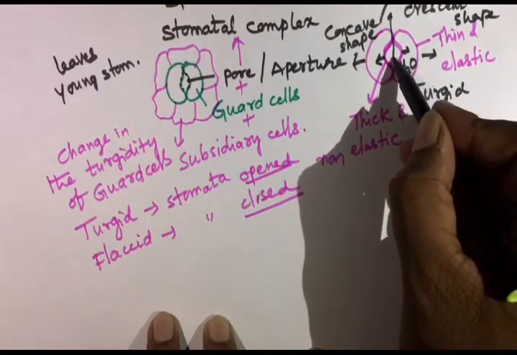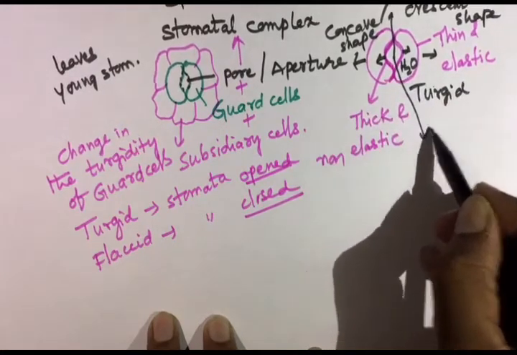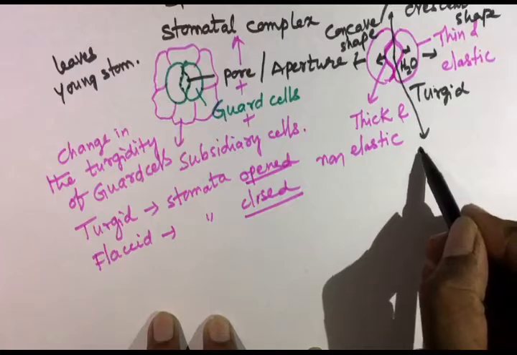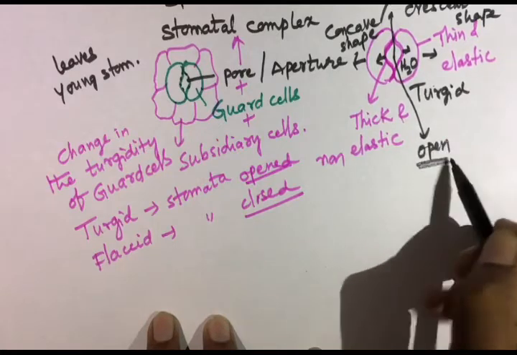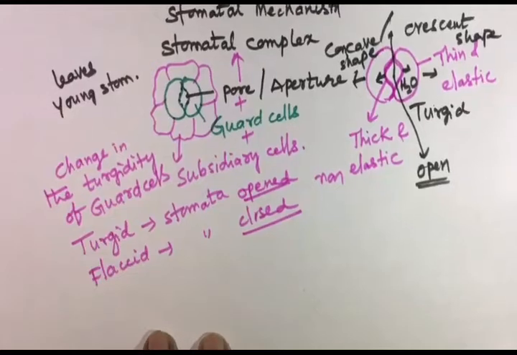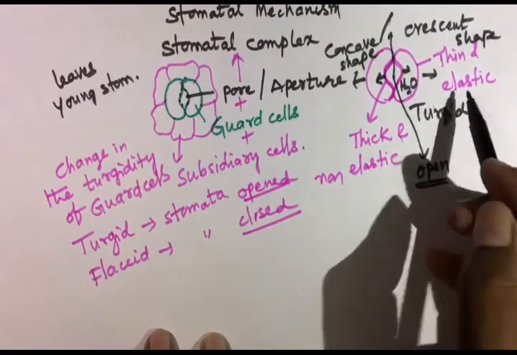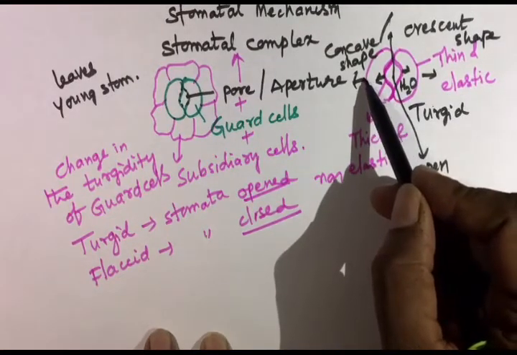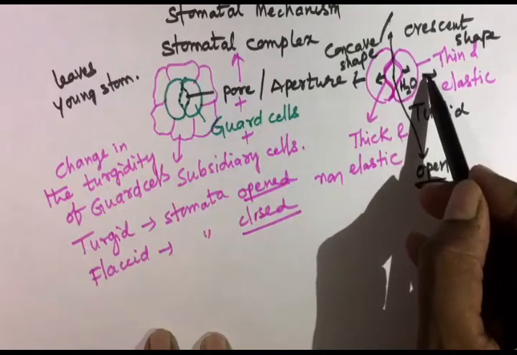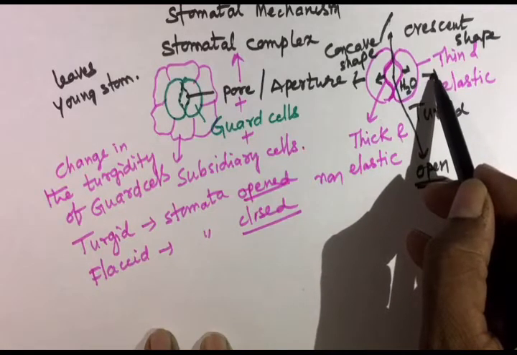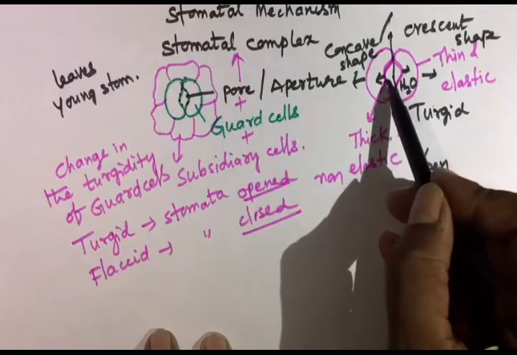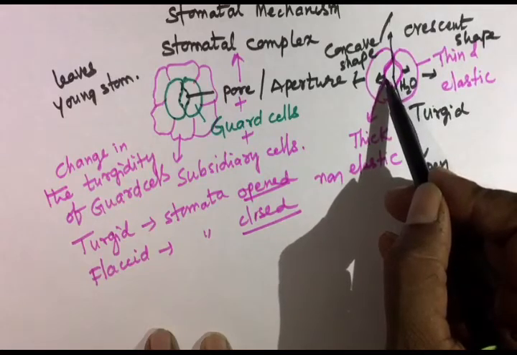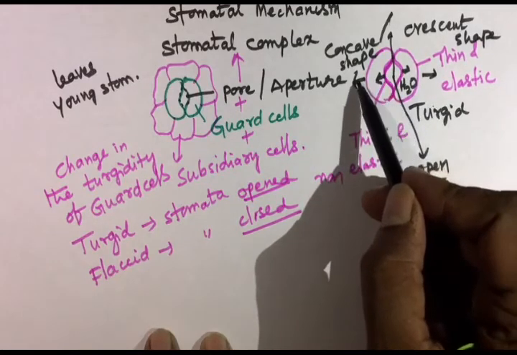This makes the center aperture or pore open. So whenever guard cells are in turgid condition, the outer thin walls are stretched towards the outside, and the inner thick and non-elastic walls are also pulled along with them.